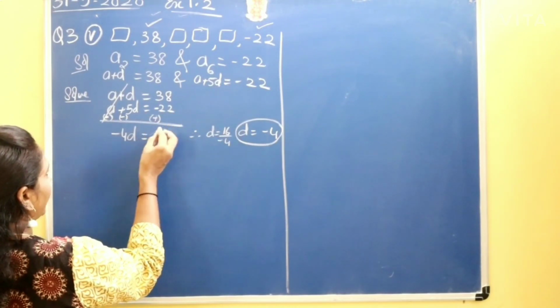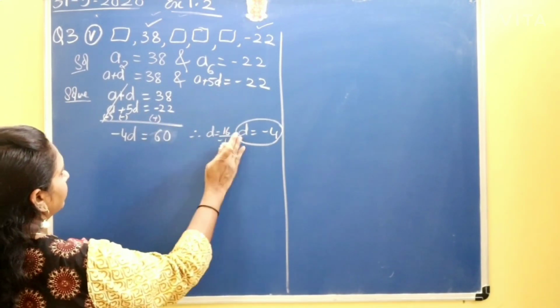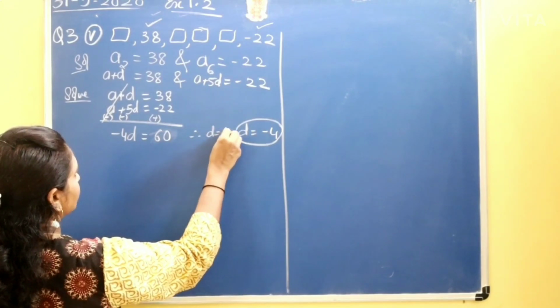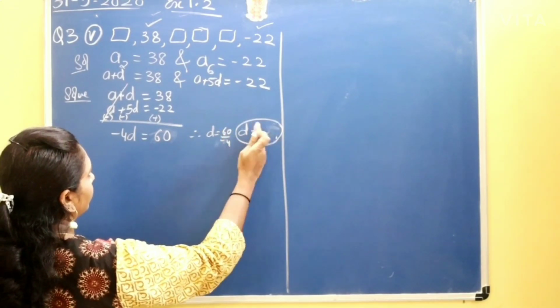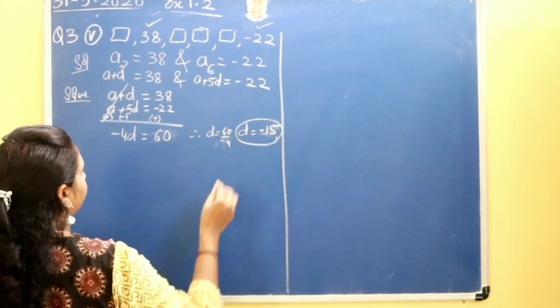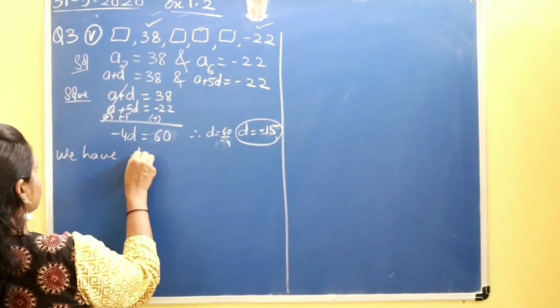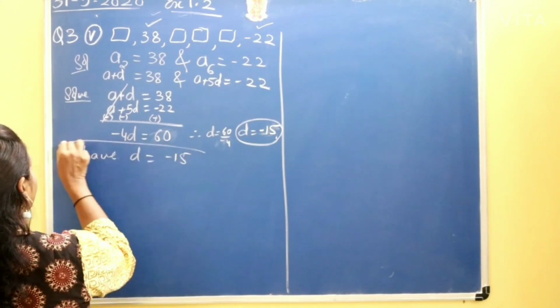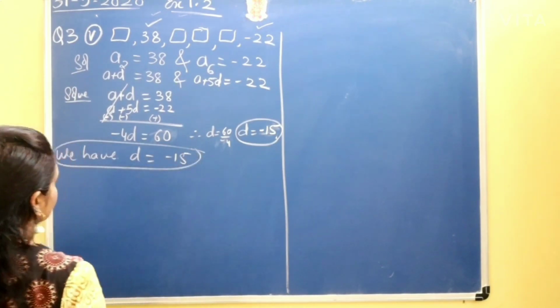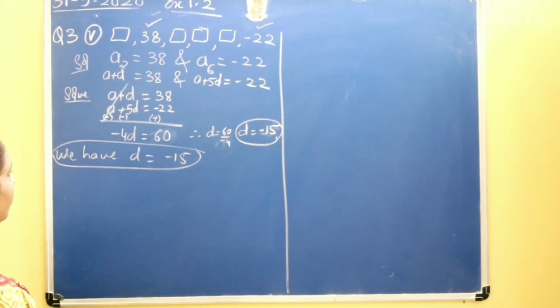So we get -4D is equal to 60. Here 60 by -4 will give you -15. D is equal to -15.